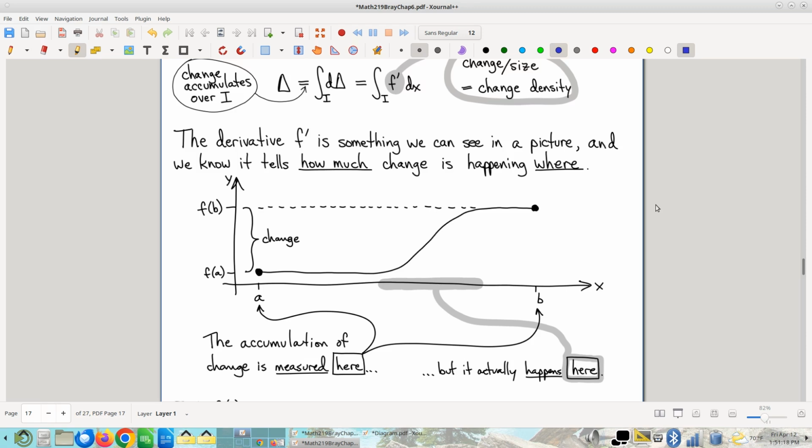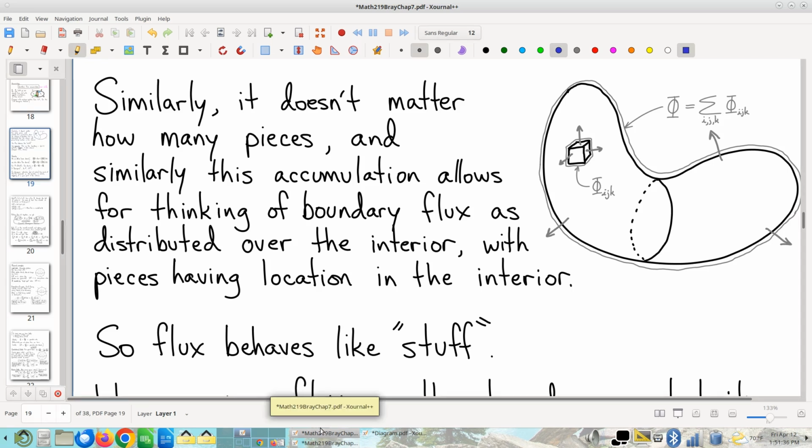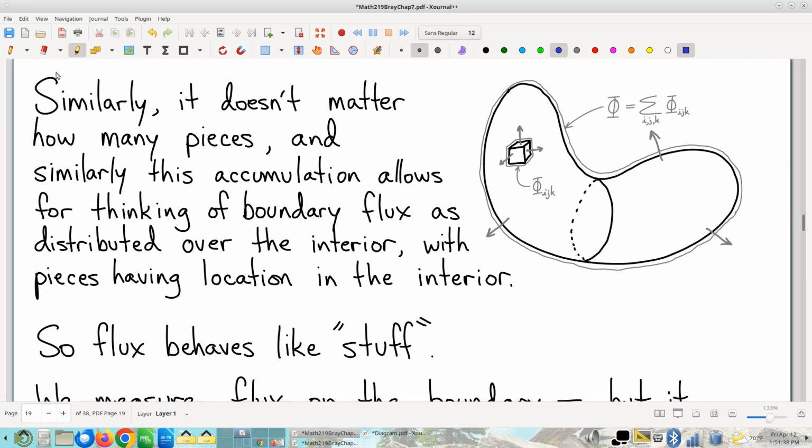But what we're hopefully totally comfortable with seeing about how accumulating quantity computed on the boundary actually happens in the interior, to the extent that you're comfortable with this, I'm just going to ask that you try to take that same point of view when it comes to boundary flux and every other accumulating quantity we'll be talking about.